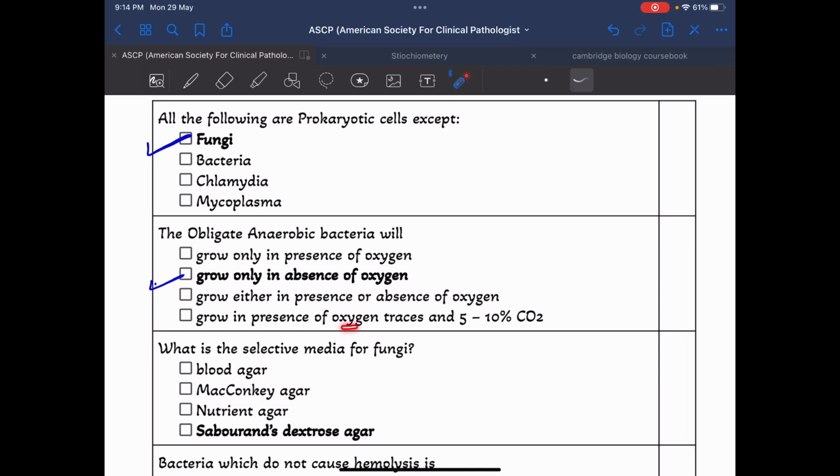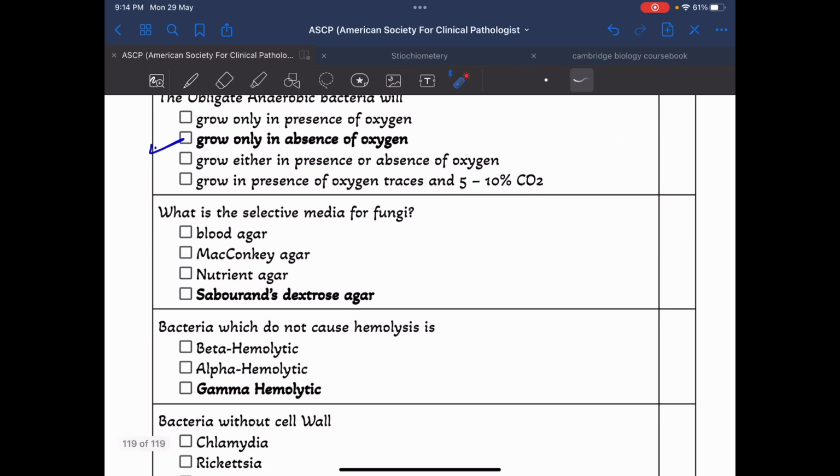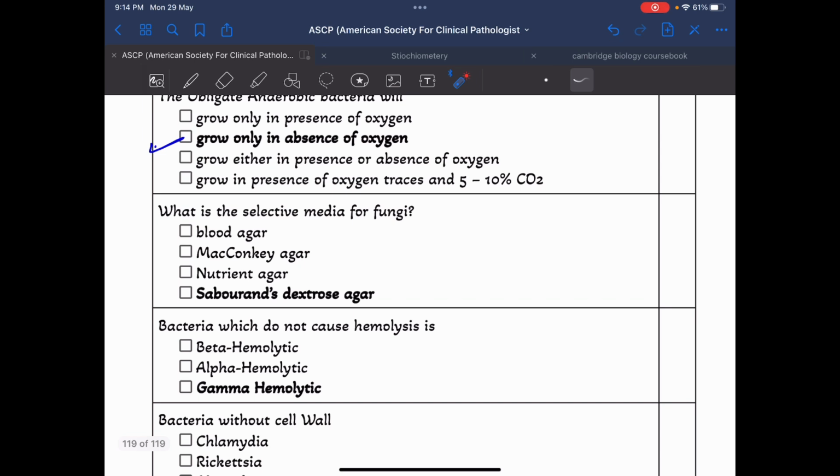Those which need oxygen and carbon dioxide are called fastidious organisms, like Haemophilus. What is the selective media for fungi? Blood agar, MacConkey, nutrient agar, Sabouraud dextrose agar. The correct answer is Sabouraud dextrose agar.